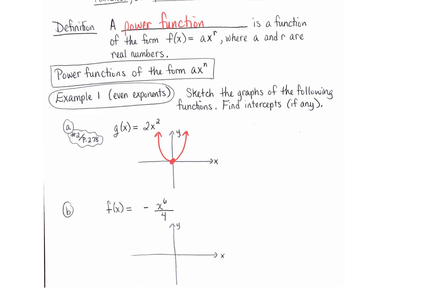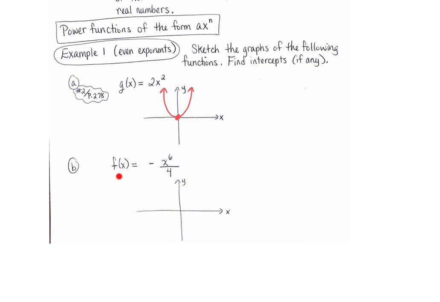So part B says we have f of x equals negative x to the 6th over 4. Right now we're talking about power functions that have even exponents. Now, a power function that has an even exponent is going to have the shape of x squared.